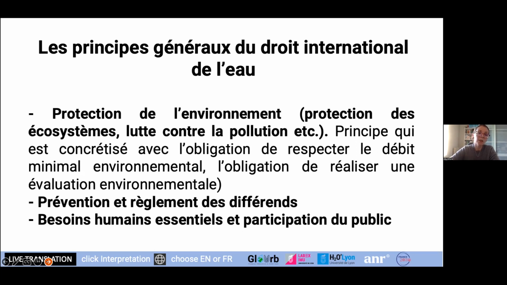And then finally, there's another general principle, and that is making sure that priority is given to essential human needs when it comes to water. So access to potable water has to be considered as a priority, and the participation of the public also has to be guaranteed.